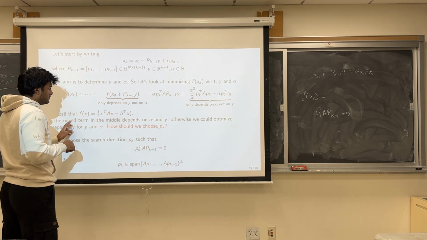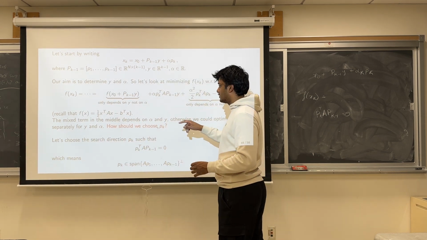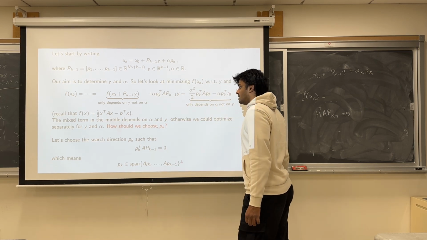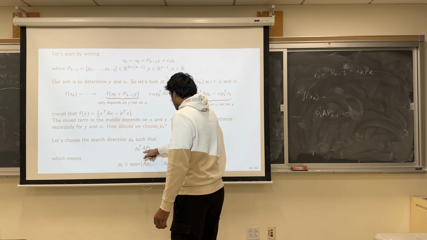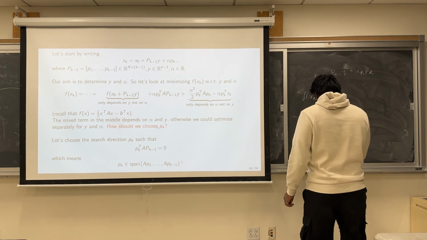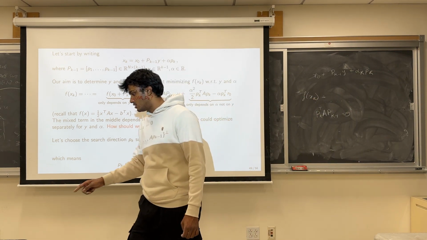So the mixed term in the middle depends on alpha and y. Otherwise, we could optimize separately for y and alpha. So how should we choose so that we can get rid of this? Let's choose a search direction pk such that pk transpose A times Pk minus 1 is 0, which means that pk is A orthogonal to all of the previous columns.